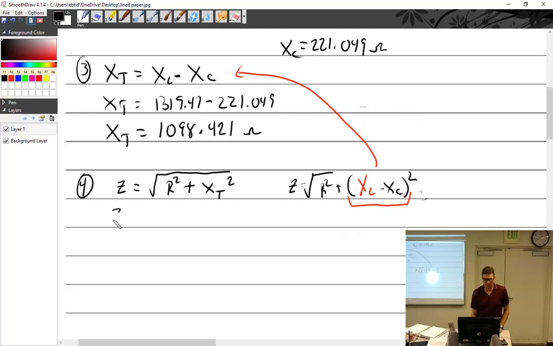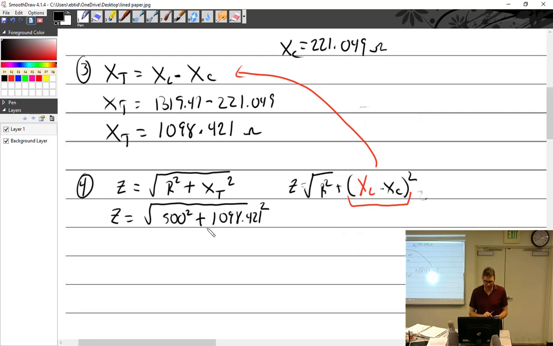All right, so Z equals the square root of R squared, which was 500. So 500 squared plus X total squared. X total squared is 1098.421 squared. So we can do that. Like I said, I think you can do the whole thing in one shot.